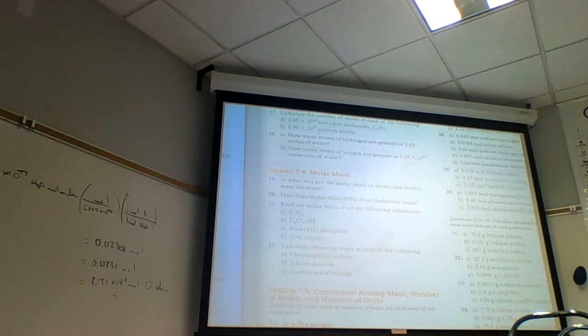The molar mass would be 305.80 grams per mole of formula units. So what are they asking for here? They're asking for the molar mass, so this would be it.